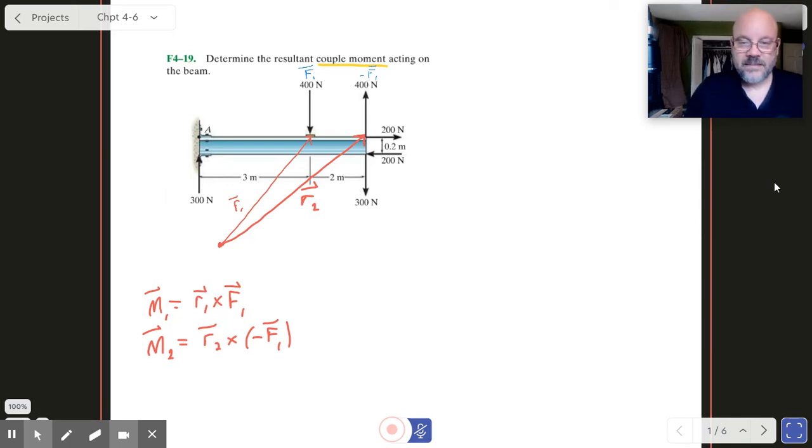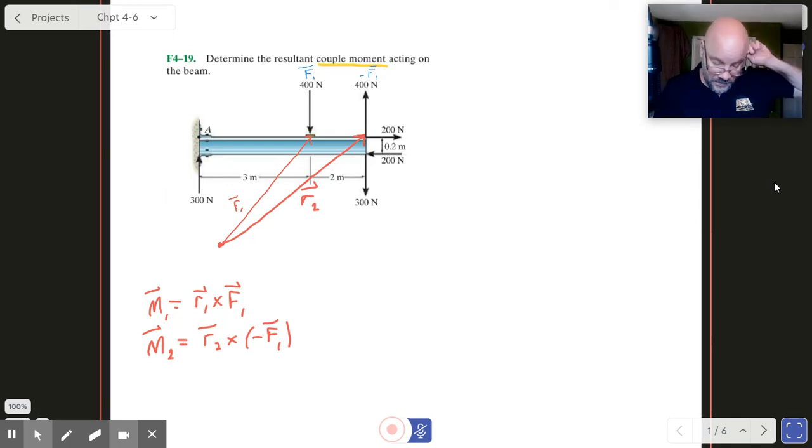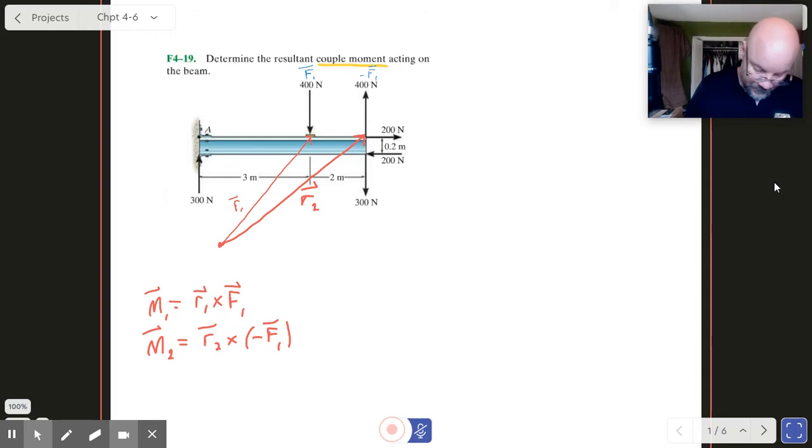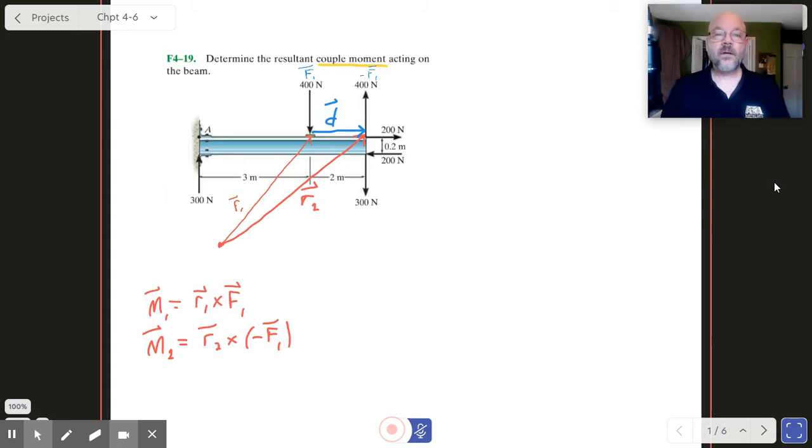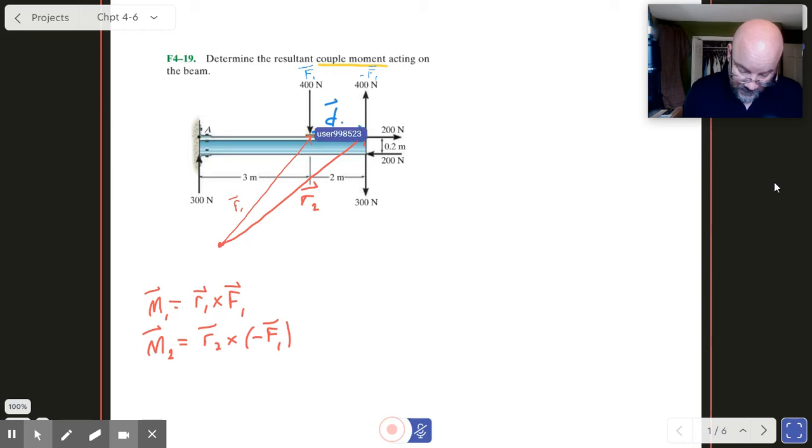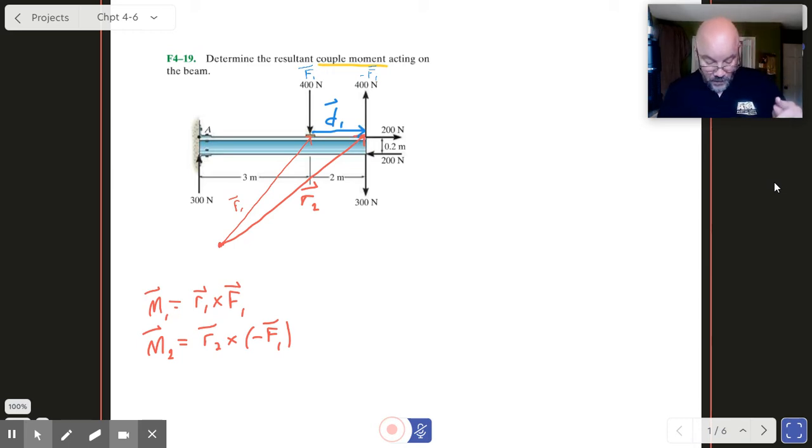Is that making sense? Now let's suppose there's a vector D that goes from one force to the other, just like that. Let's call it D1. You can see that R1 plus D1 is R2.